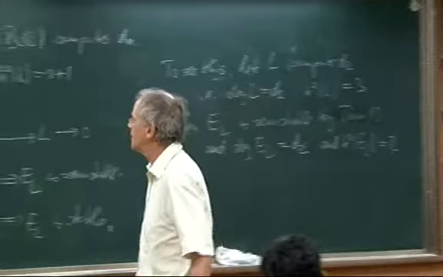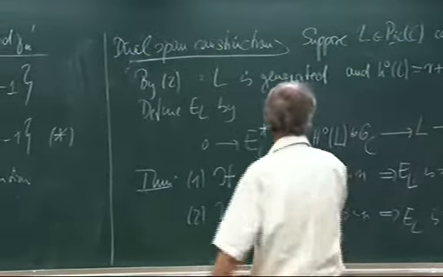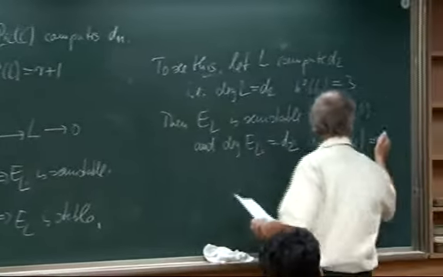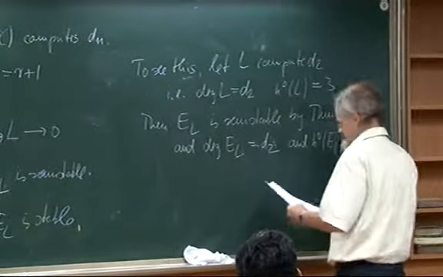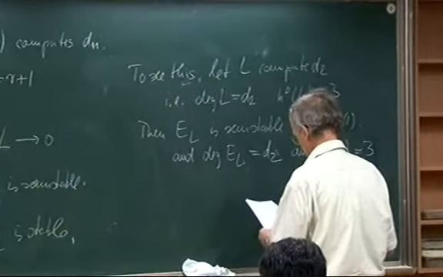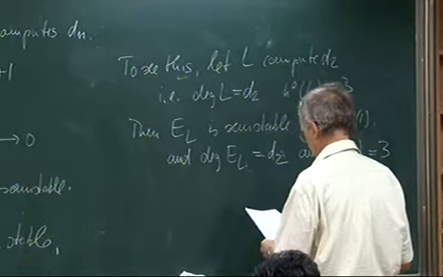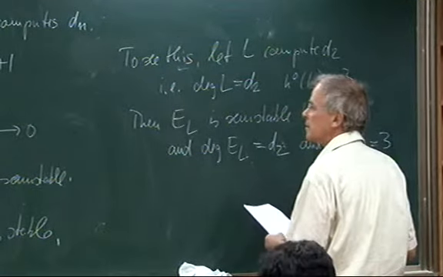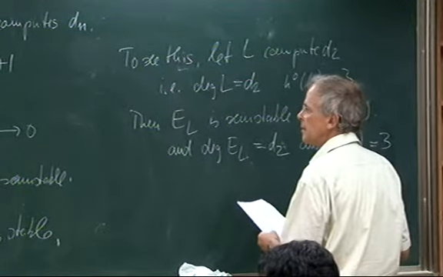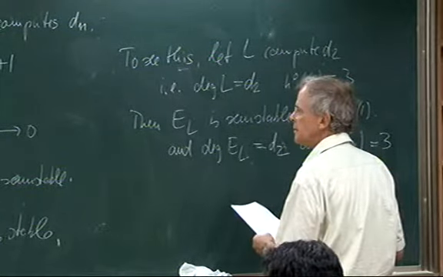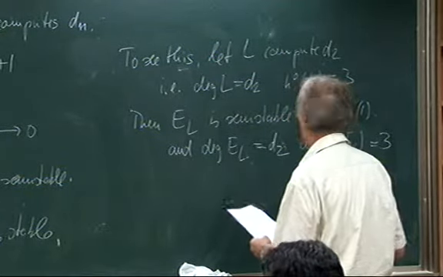H0 of EL is 3. You dualize this exact sequence and you see that it's 3. Okay? Maybe greater or equal to 3, by construction. Maybe greater.